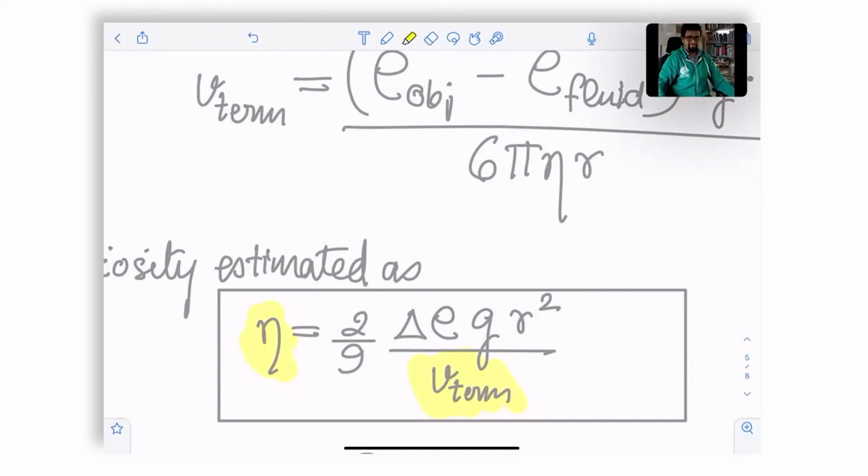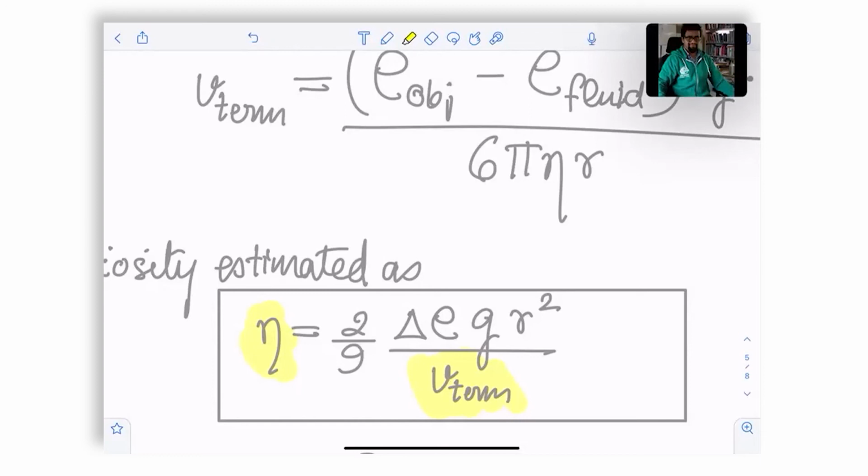Secondly, gravity is directly proportional. In other words, if you do the experiment on the moon, which has a weaker gravitational acceleration, you should see a lower value of terminal velocity. Yeah, I'm shifting the terms around.